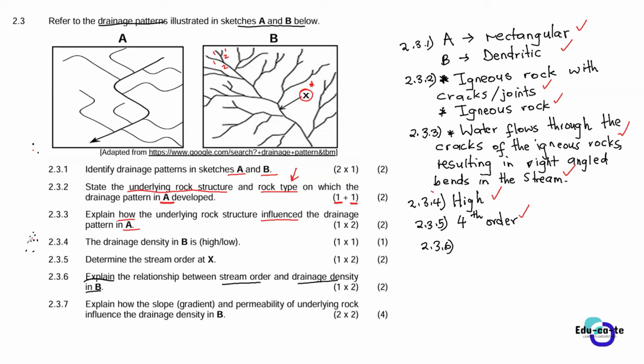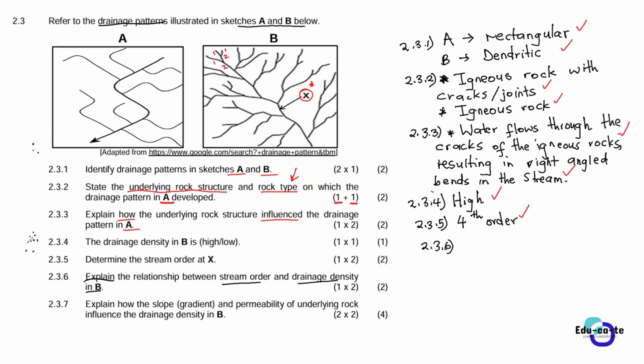What did I tell you about the factors that affect the stream order and the factors that affect the drainage density? Then you link them. That's what you need to think about. What did I tell you about stream order that relates to drainage density? Can I try, sir? Yes.